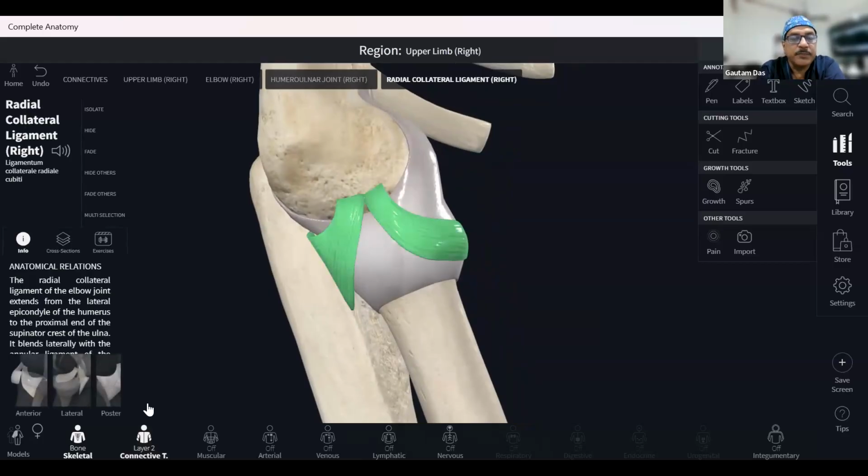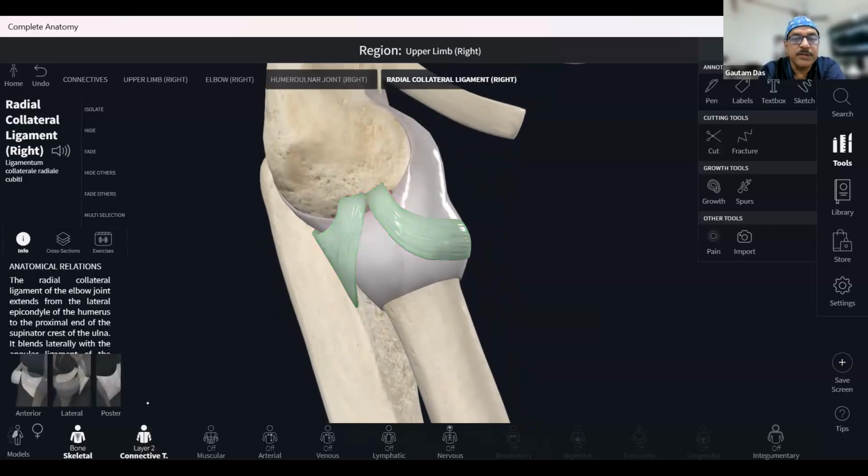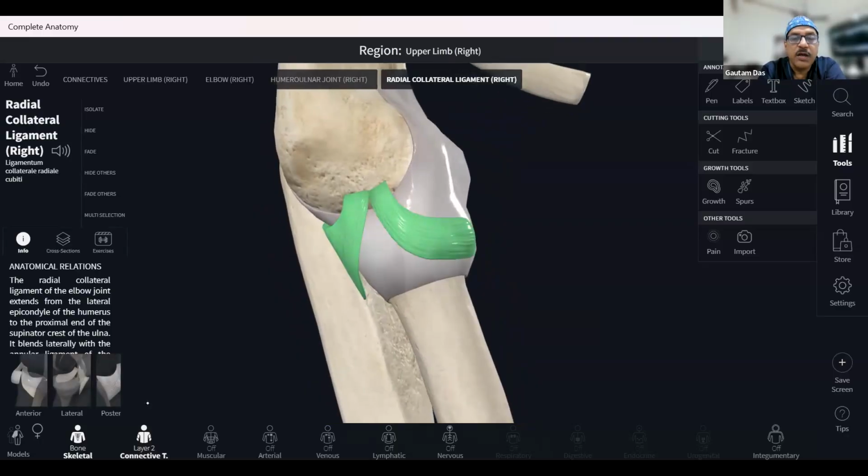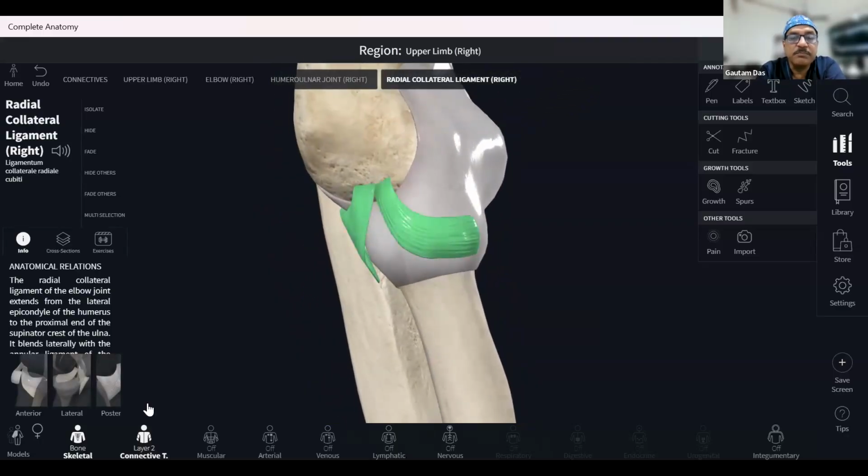radial collateral ligament. The radial collateral ligament has three bands basically. One is the radial collateral ligament, which intermingles with the annular ligament.